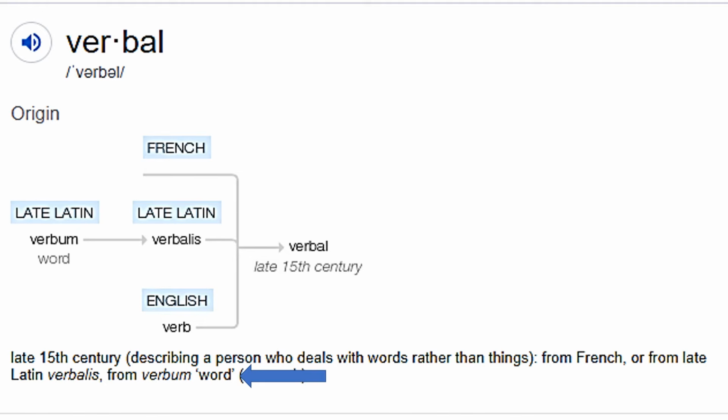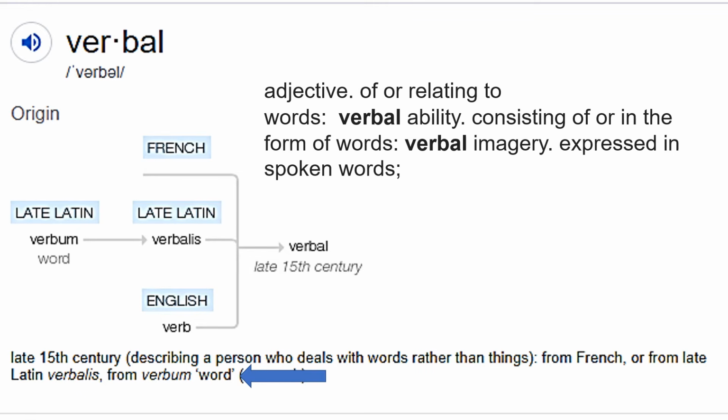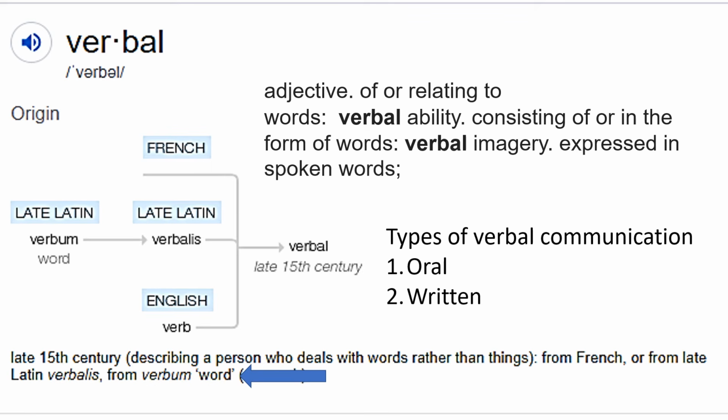Verbal refers to word or the use of words. By definition, it is an adjective relating to words, verbal ability consisting of or in the form of words. So there are 2 types of verbal communication, and these are oral and written communication.